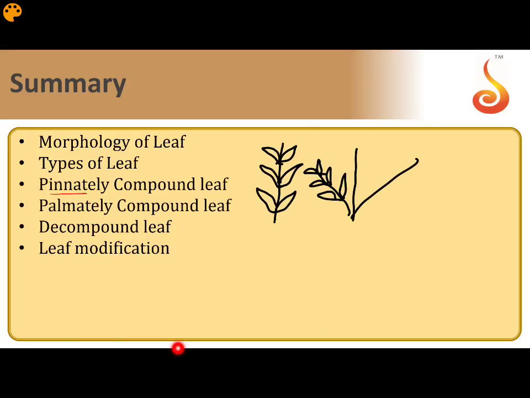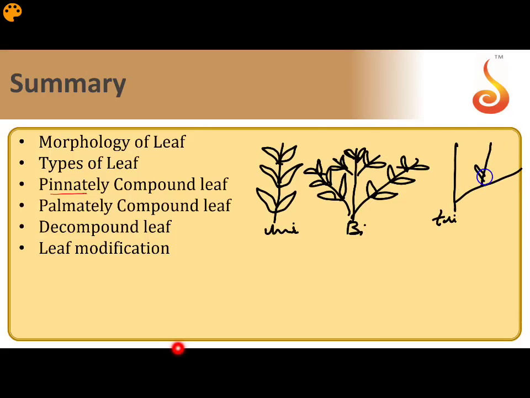So, this is uni, this is bi, because there is branching out which has happened, and we have tripinnate where 1, 2 and 3 and the leaf grows here. So, we have seen examples for this.